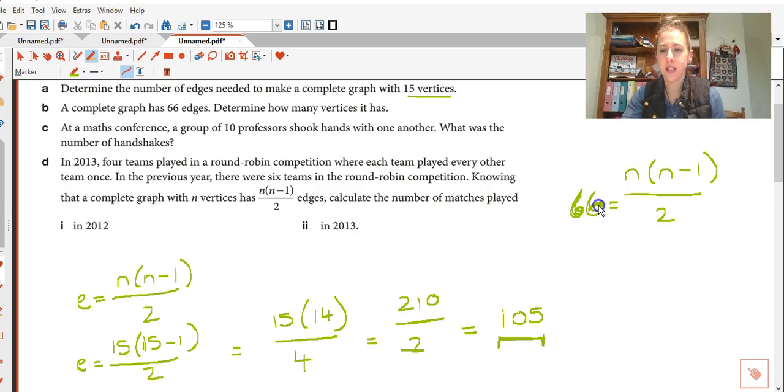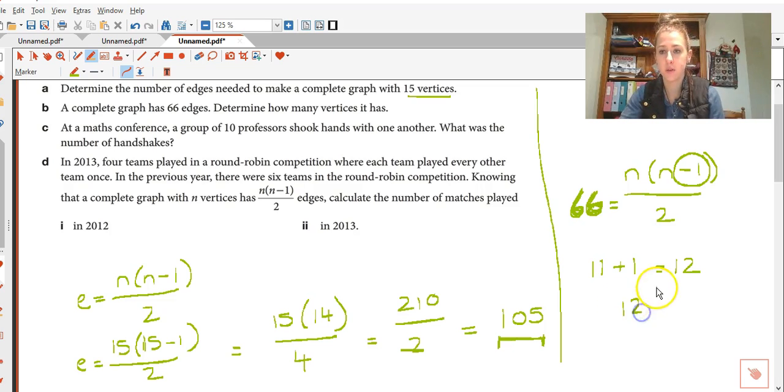Otherwise, I just sort of innately went, well, I kind of know that 11 goes into 66. So then 11 plus 1, because we've got this minus 1 over here, will give me 12. So then I went through and I just tried it out with the formula.